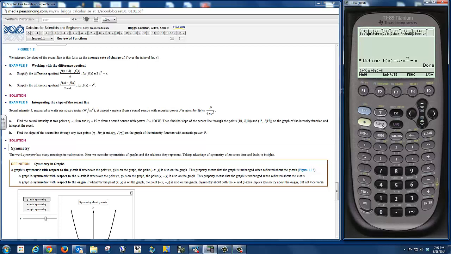Minus f of x. Forgot my parentheses. There we go. And that's the numerator, so we'll close that. Divided by h. Okay, and enter. And it gives us that answer.